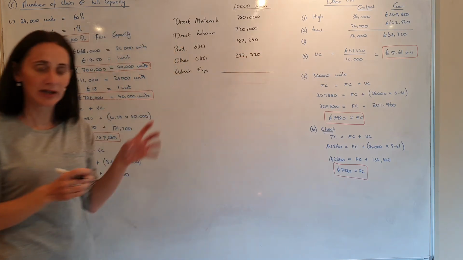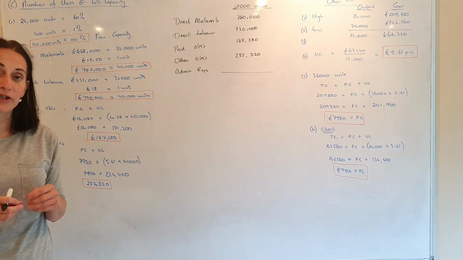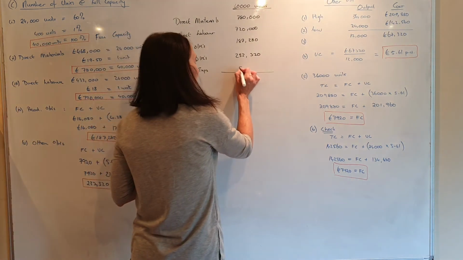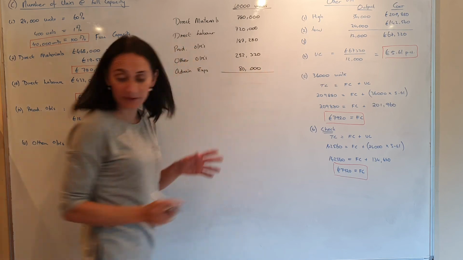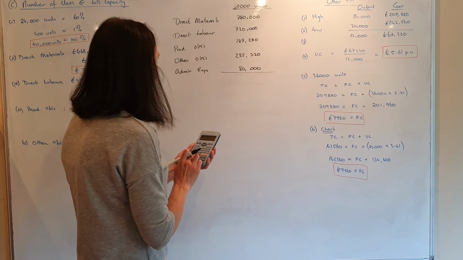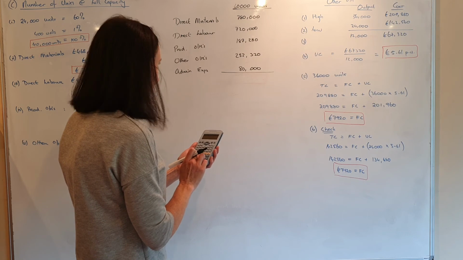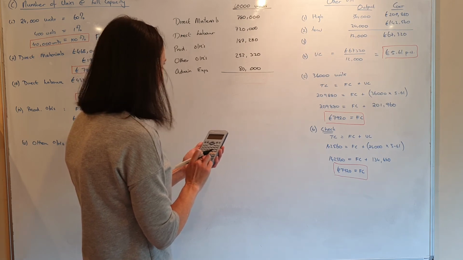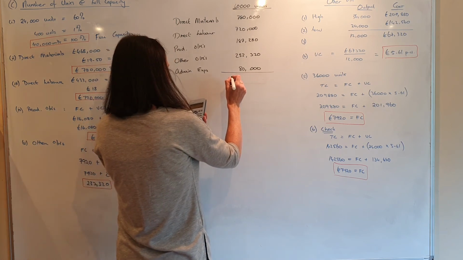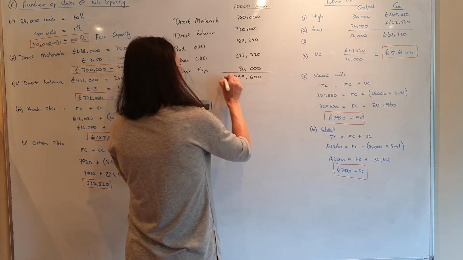Now the admin we know is a non-manufacturing expense. It's an administration expense. It is fixed, so it doesn't change. So that's the easiest one. So you just have to put in the 80,000. Then if you add all of these up, you're going to get your total cost. So 780,000 plus the rest, and $1,999,600 would be the total cost.